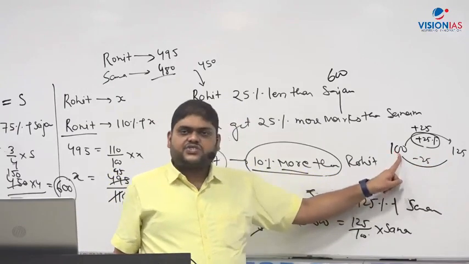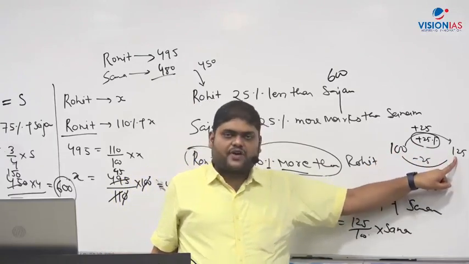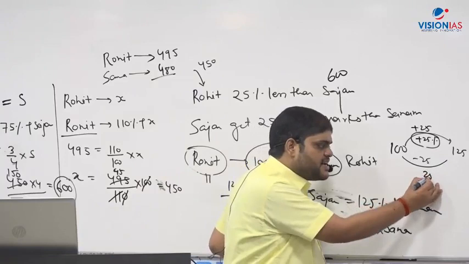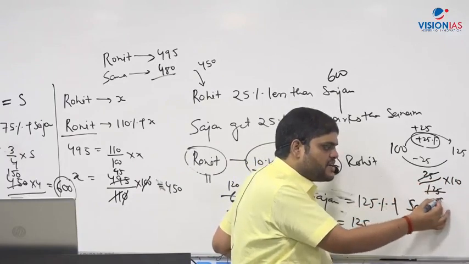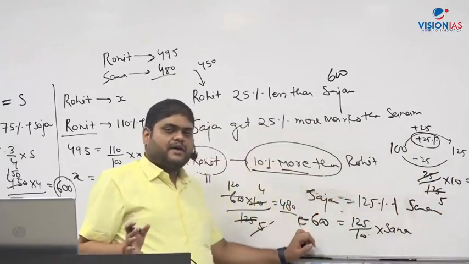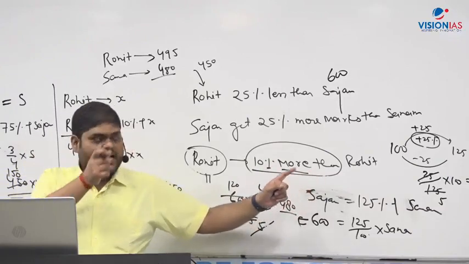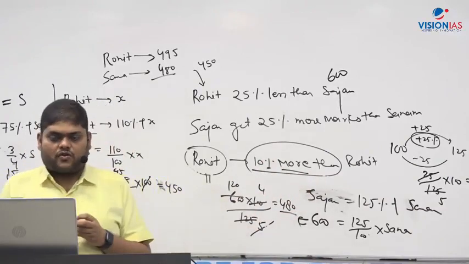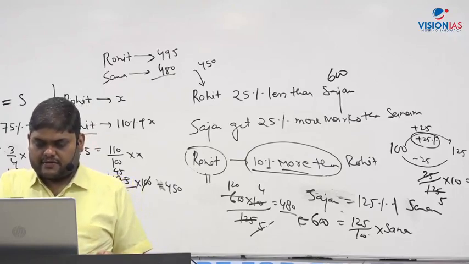Because the base has changed. Initially the base was 100, now the base is 125. So the decrement is 25 upon 125, that means only 20%. So the answer is that X will always be more than Y.